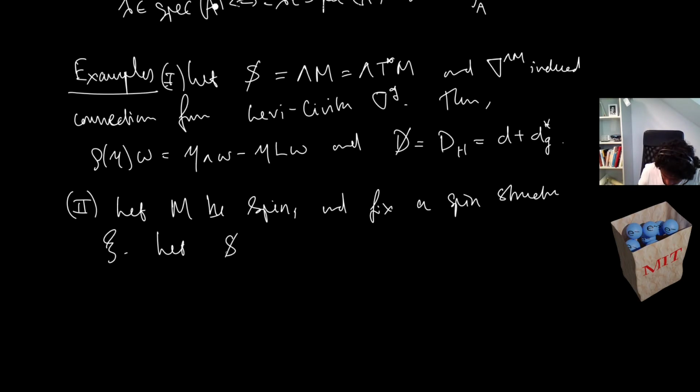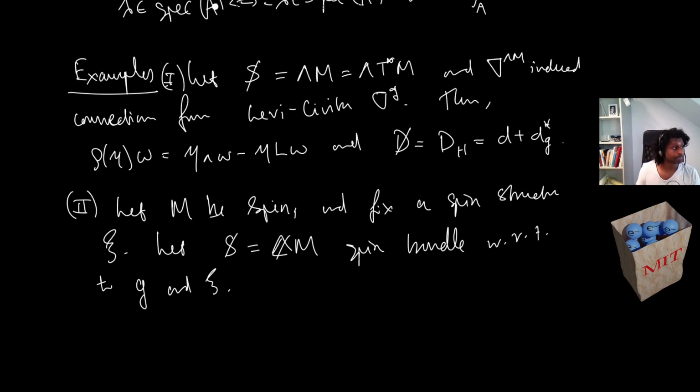Let S be the spin bundle with respect to g and the spin structure psi. Okay, so remember the spin bundle depends on both the metric and the spin structure.